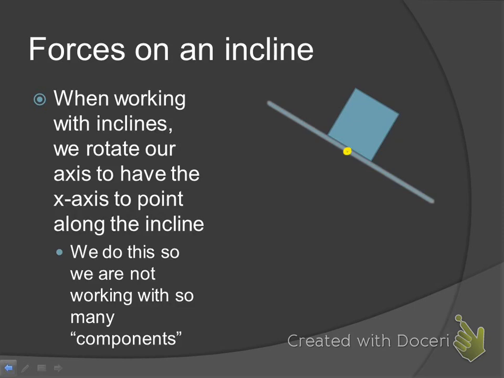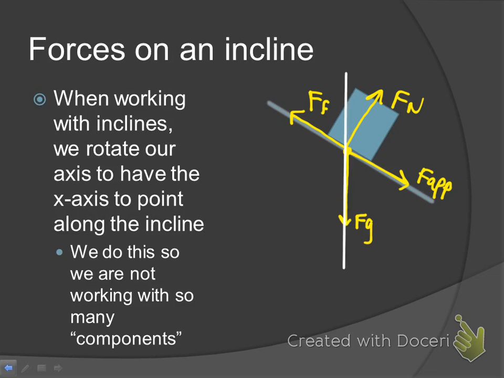Because as I draw my forces here, force due to gravity goes straight down. The normal force goes straight into the air. If I had normal axes and I had a frictional force, let's say, if I had some applied force that was pushing it down, and I kept my normal axes like this, I would be dealing with components for 3 different forces, right?